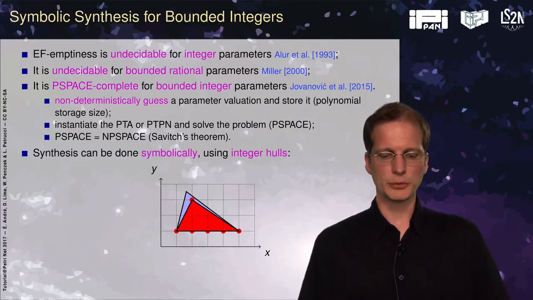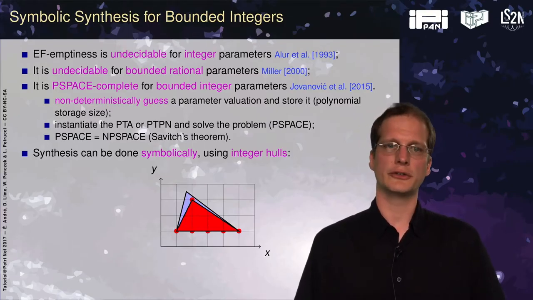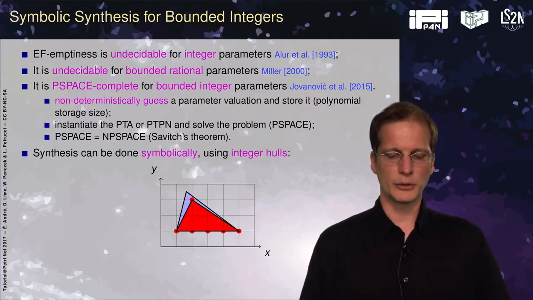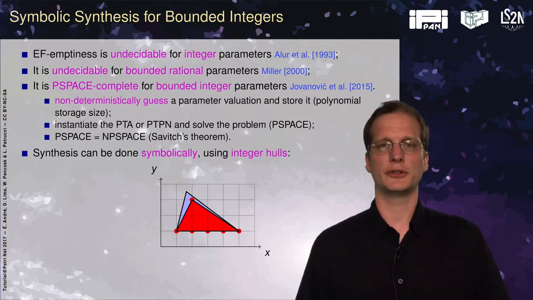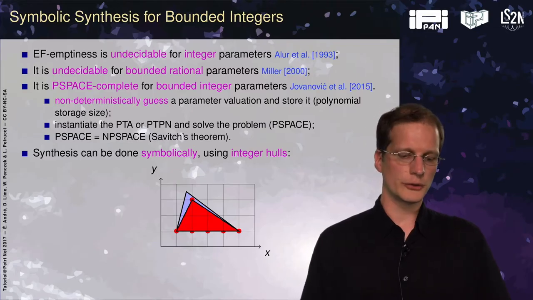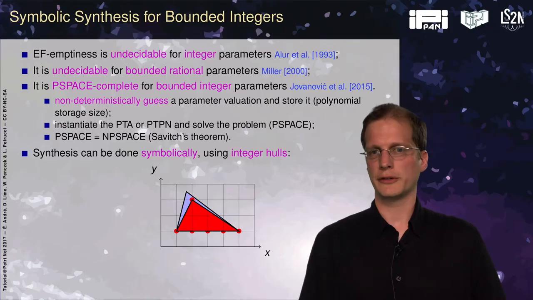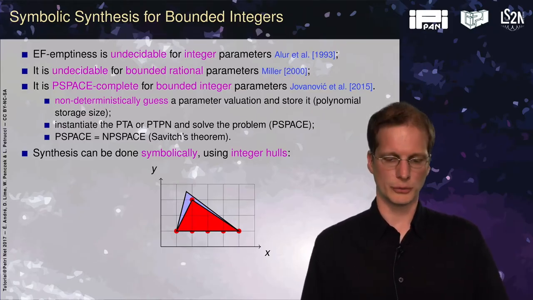So what we know is that reachability emptiness, so knowing if there is a valuation such that some marking is reachable, is undecidable also for integer parameters, if we restrict ourselves not to rational parameters, but to integer parameters. And we know also that it's undecidable for bounded rational parameters. So say, for example, we say that the parameter is between 1 and 2, or 0 and 1, whatever.